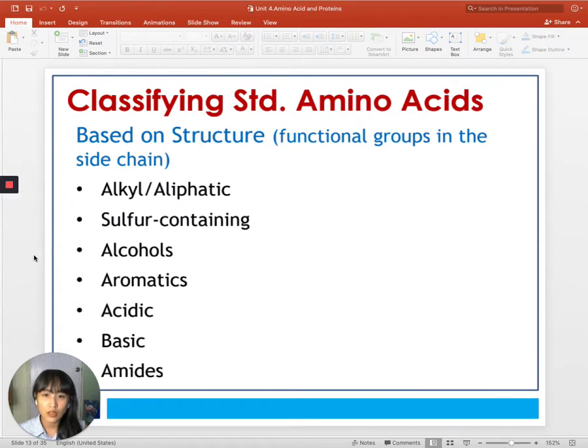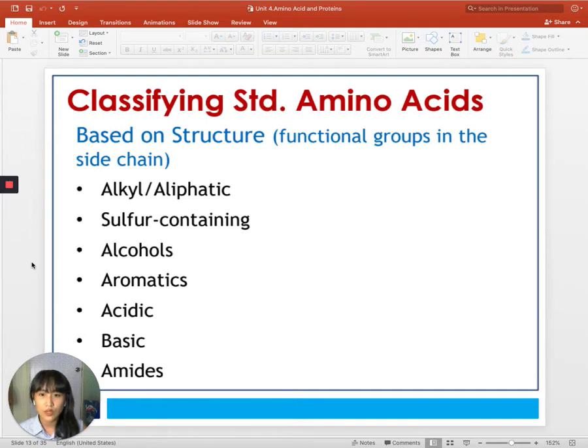As mentioned earlier, the nature of the R group or the side chain dictates the properties or the characteristics of the amino acid. Now we go to the classification of amino acids based on the structure or the functional groups in the side chain. So we have here 7 classifications.